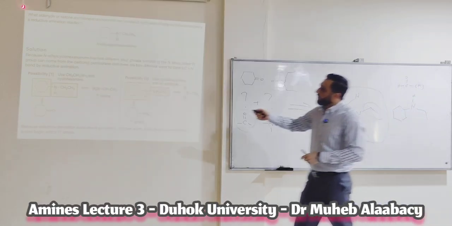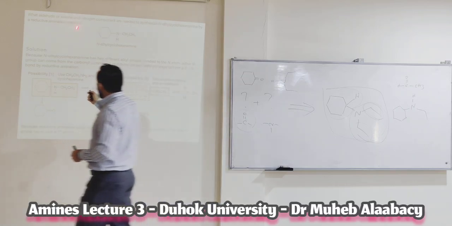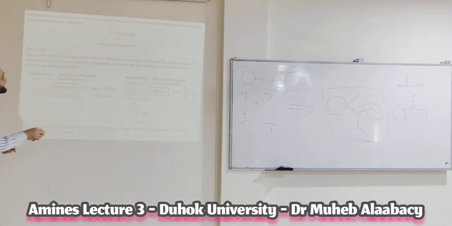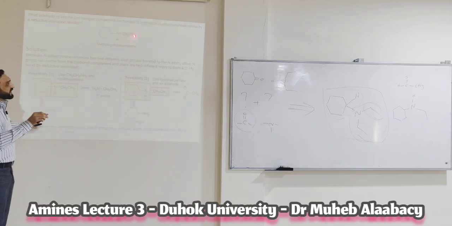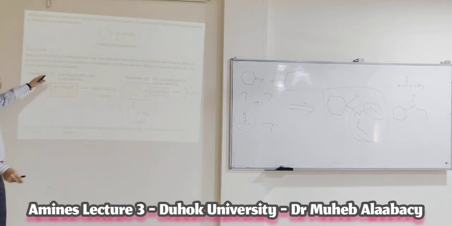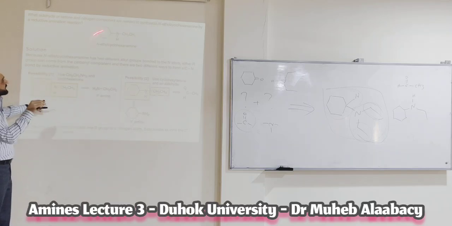Look, what aldehyde or ketone and nitrogen compound are needed to synthesize this compound, N-ethylcyclohexanamine? On the nitrogen of the cyclohexanamine we have an N-ethyl substituent, by reductive amination. So think here, not there.